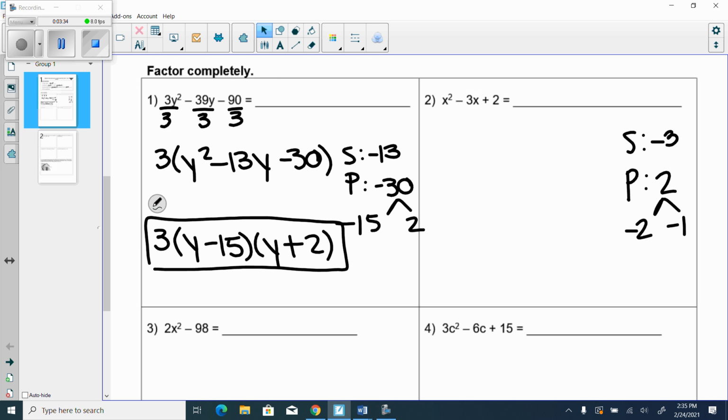A negative times a negative will give us a positive, and negative 2 plus negative 1 will give us negative 3. Oh, I forgot to put this on the line up here. And then this one up here in the line. So I would have x minus 2 and x minus 1.